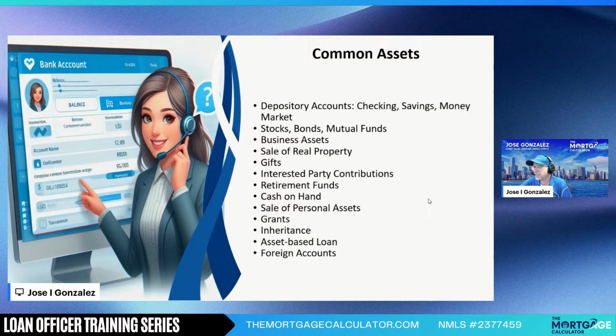Asset based loan, another interesting category. One of the most common examples of an asset based loan is, again, you have your retirement fund or your 401k, and you can actually draw a loan against your 401k so that you don't have to cash in your 401k.